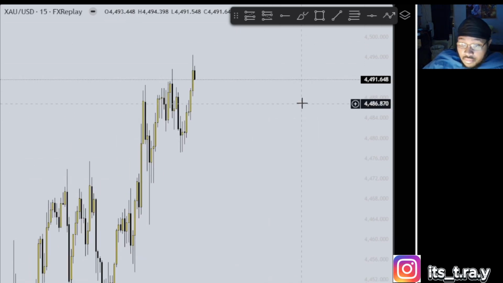Now I'm going to show y'all an actual example on the charts, and also you guys are gonna go on to Trade Locker, which I'm assuming majority of y'all are going to be starting off there.